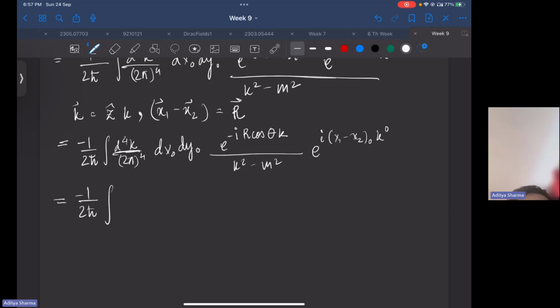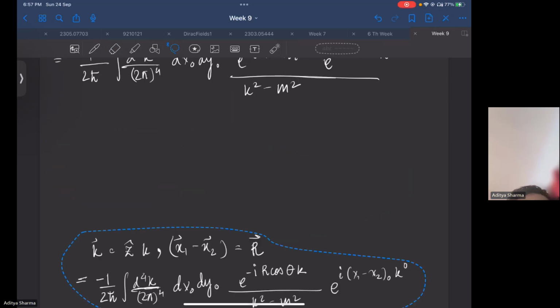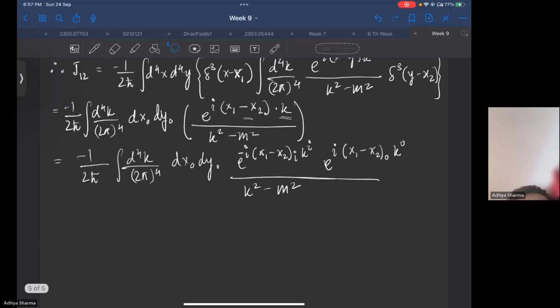So this should have been one step. Okay, I won't take this first, I'll do this. There is an integral here which I missed.